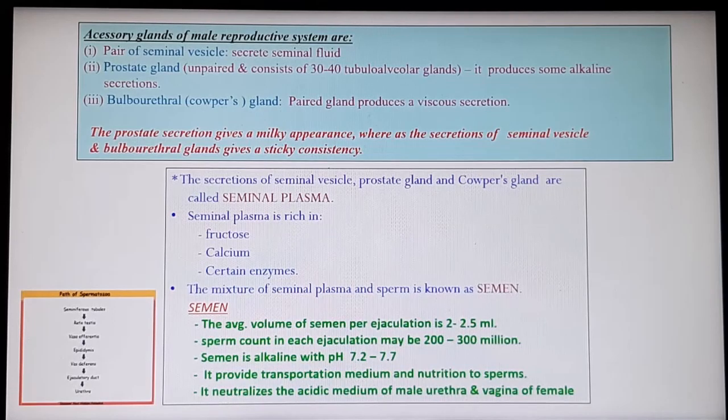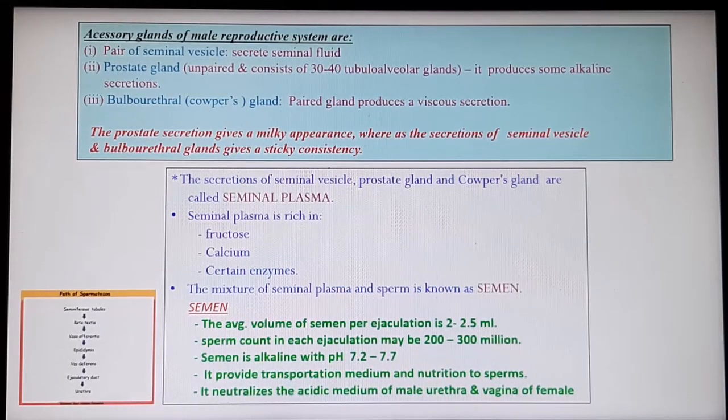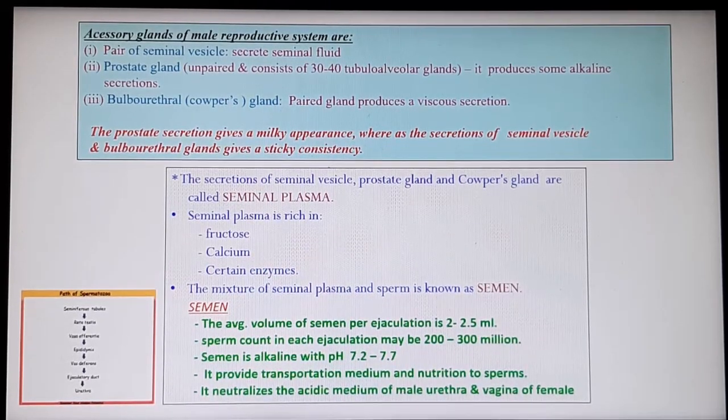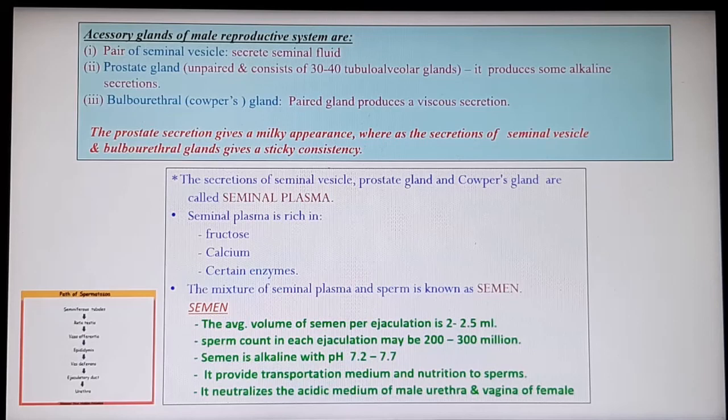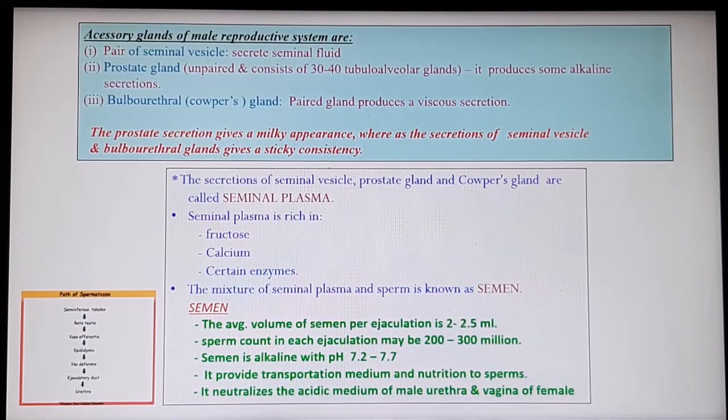The secretions of the seminal vesicle, prostate gland and Cowper's gland together are called seminal plasma. It is rich in fructose, calcium and certain enzymes. The mixture of seminal plasma and sperm is known as semen.